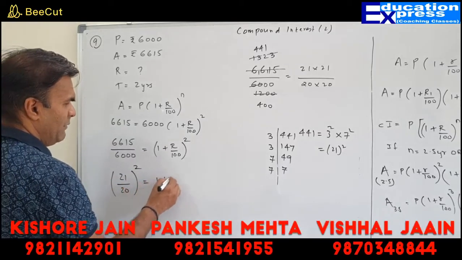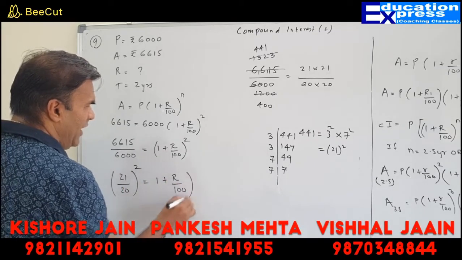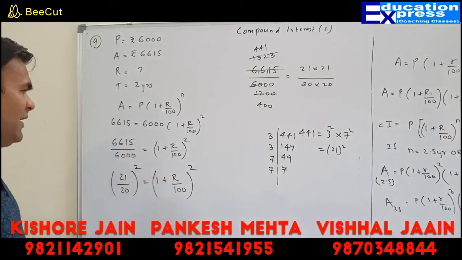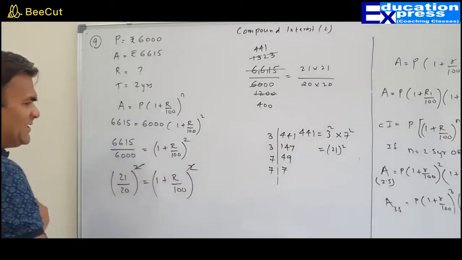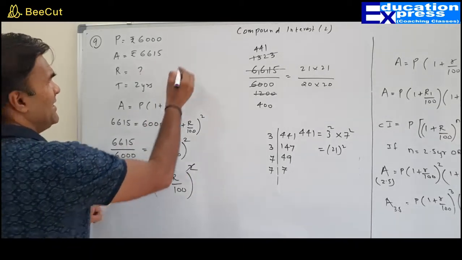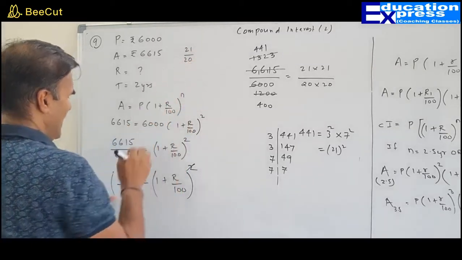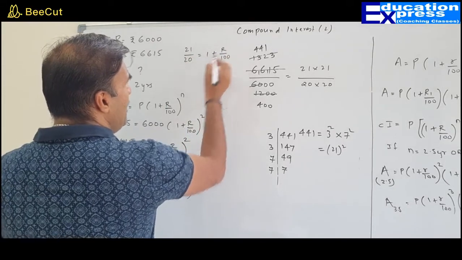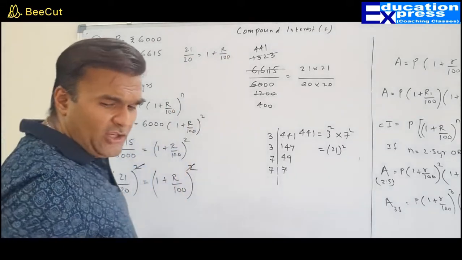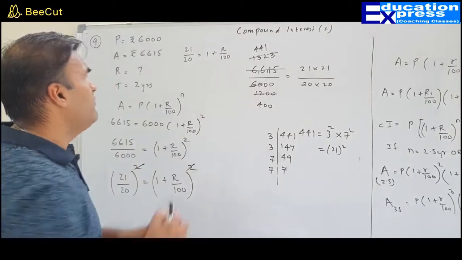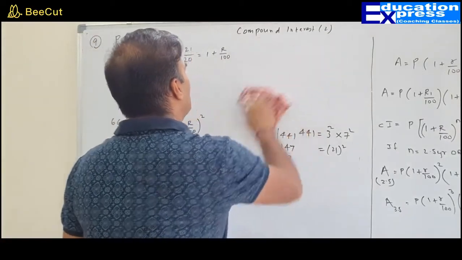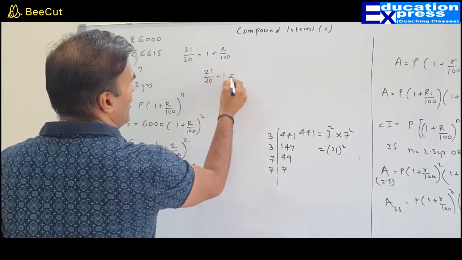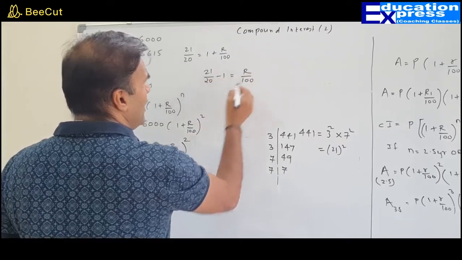Whereas this will be 1 plus R upon 100 raised to 2. So both the squares can be equated. The square will cancel each other. What remains is 21 upon 20 equals 1 plus R upon 100. Can I shift 1 to the other side? Of course, sir, you can. 21 upon 20 minus 1 equals R upon 100.